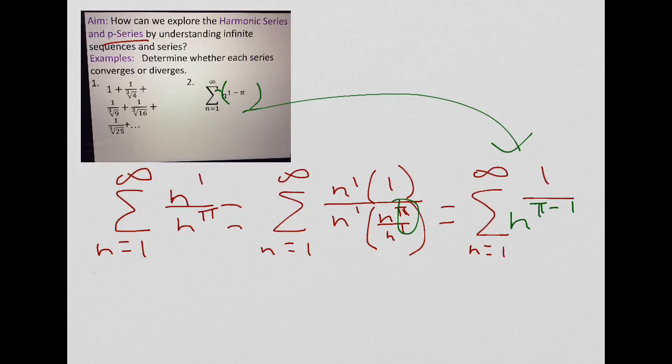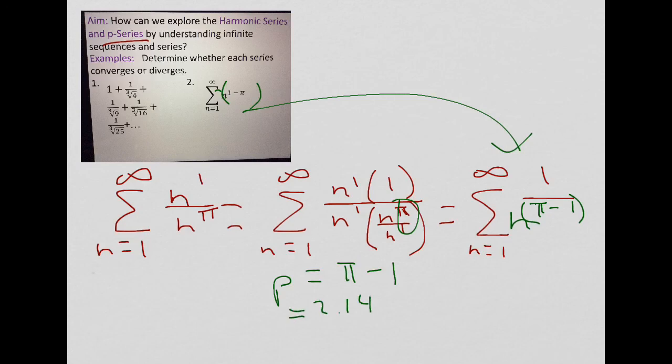So you've got to work it out so that we do have something like 1 over n to a power. That power is p, and p is pi minus 1. Pi being about 3.14, it's going to give us about 2.14.